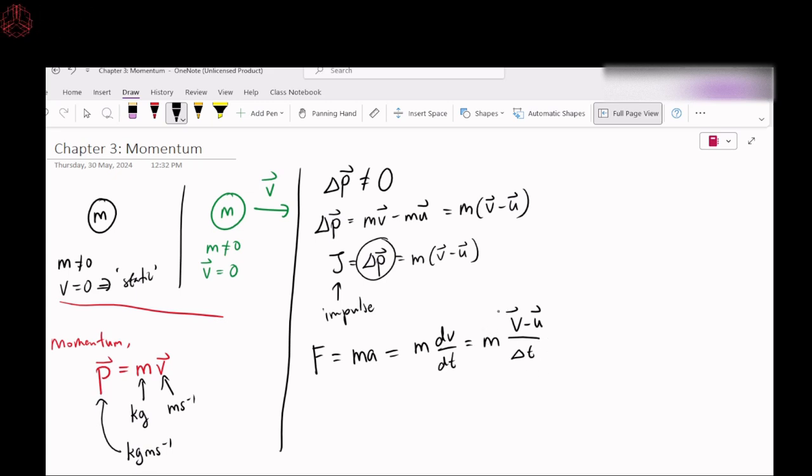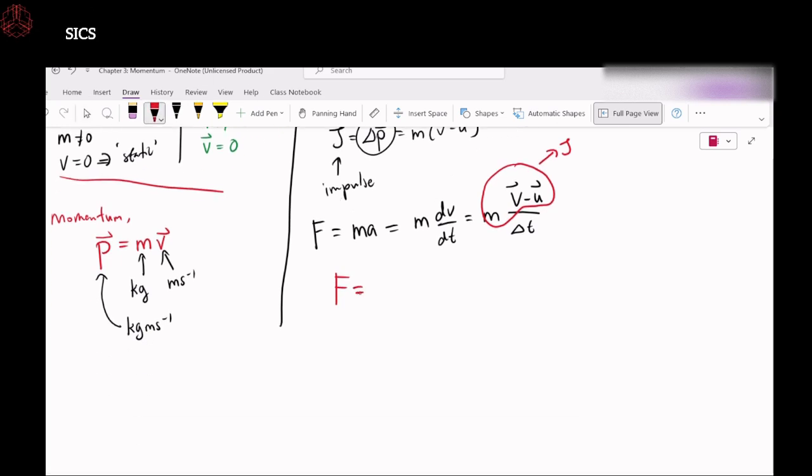We can see that m(v minus u), sorry, that is just impulse. Therefore, what we can say is that our force is actually our impulse over time, or at least over some time interval. This gives us a clue on our FT graph.